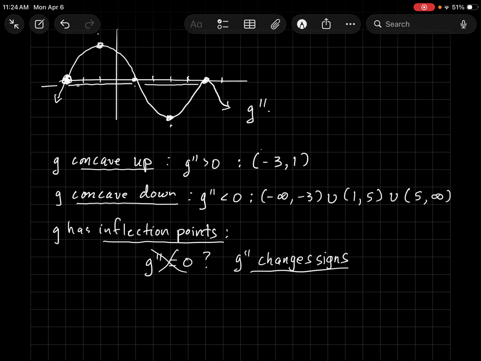Well, right here where it equals 0. Okay, so at x equals negative 3. Right here where g double prime equals 0. So at x equals 1. And right here, g double prime equals 0 at x equals 5. But notice that g double prime does not change signs, so that would not be an inflection point of g.